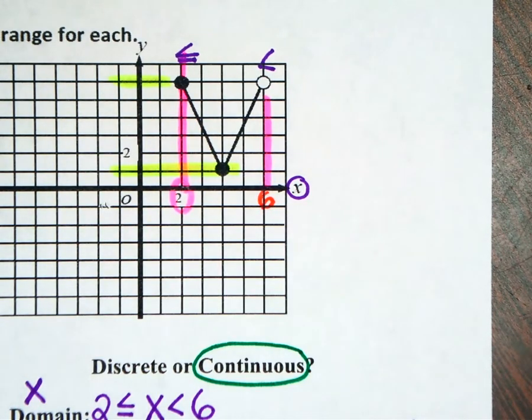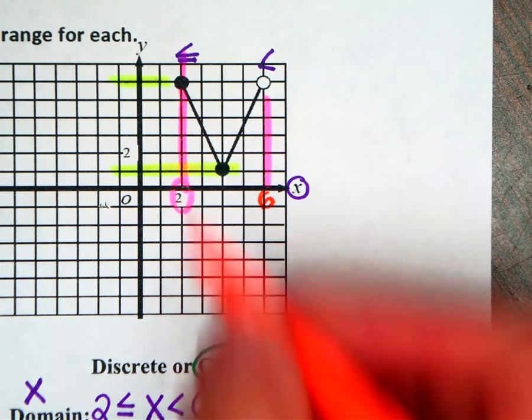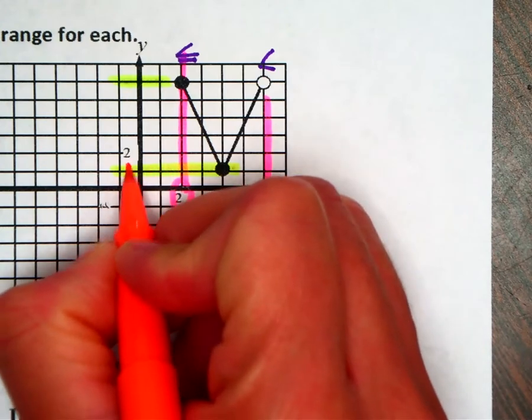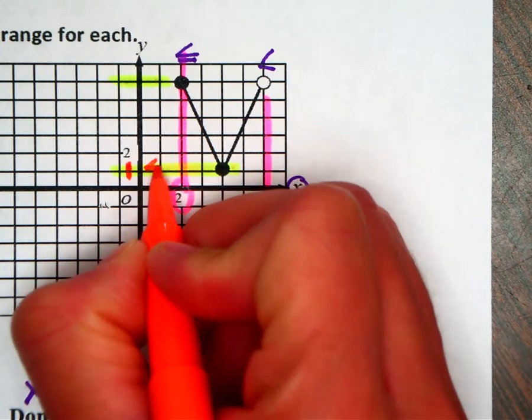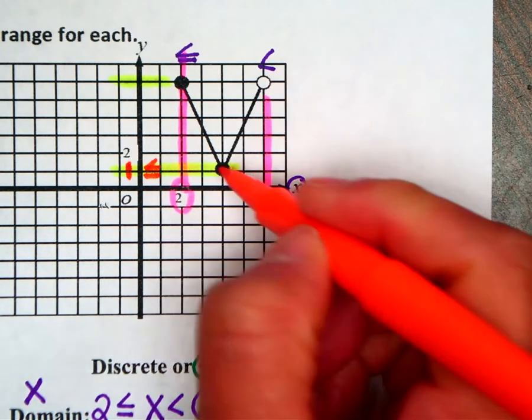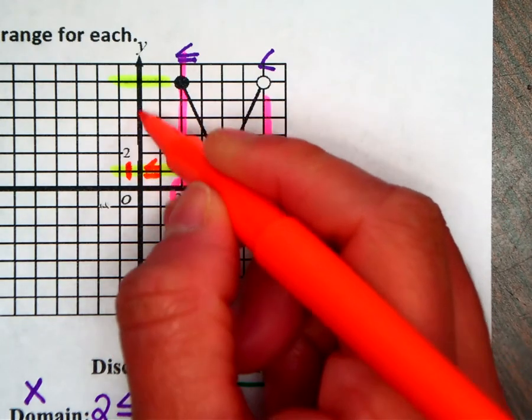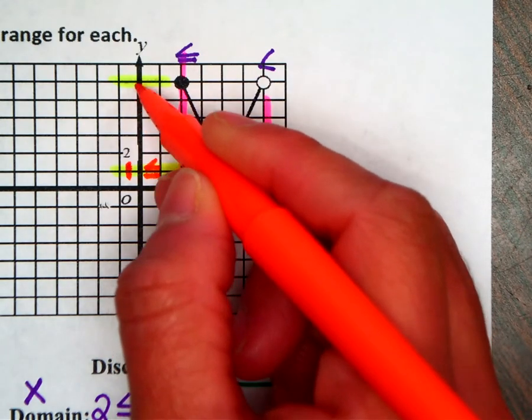So I need to come up with those values and identify if it's going to be an open or closed circle using my inequalities. So here, this y value is going to be a positive 1, and I know I'm going to have a less than or equal to symbol because it's closed, all the way up to 6.